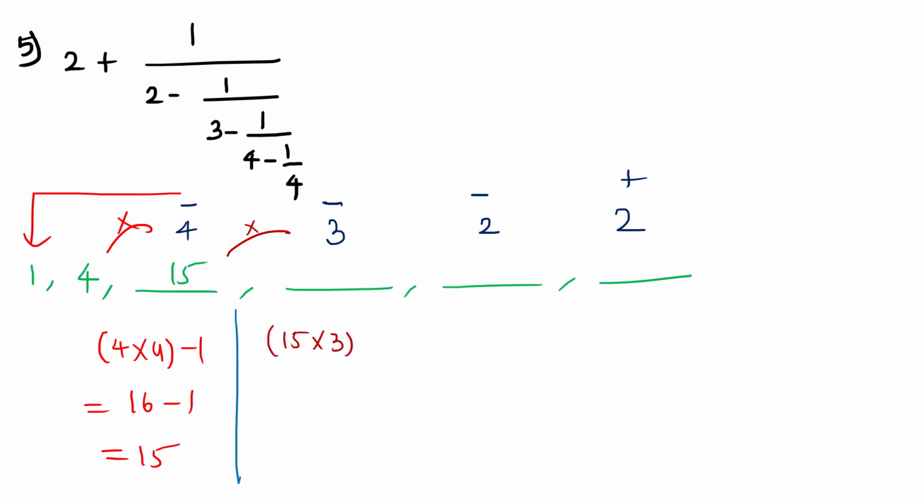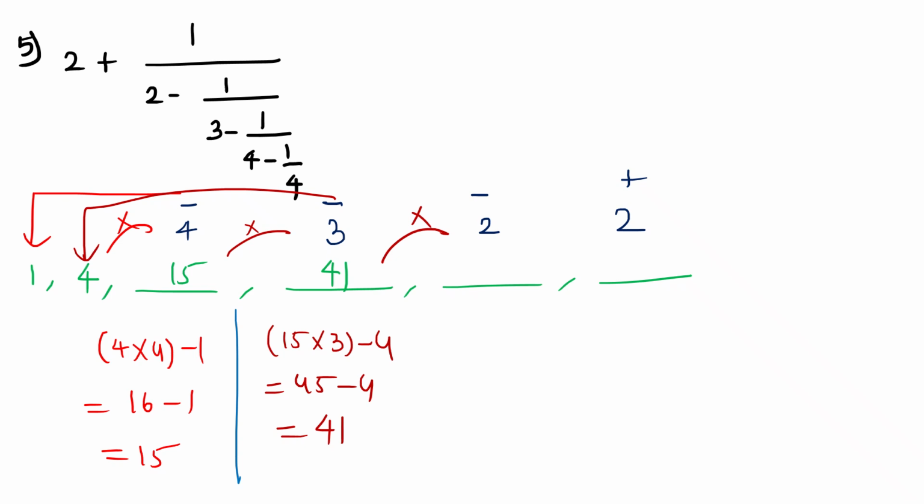Then you have minus, it is minus 4 you have to do here. That's very important over here. This number is involved with this sign. That is minus 4, which gives us 45 minus 4, 41 you will be having here. So write that 41 over here.